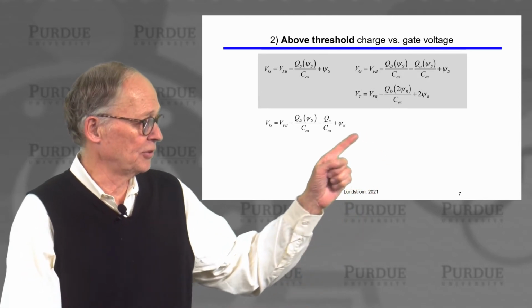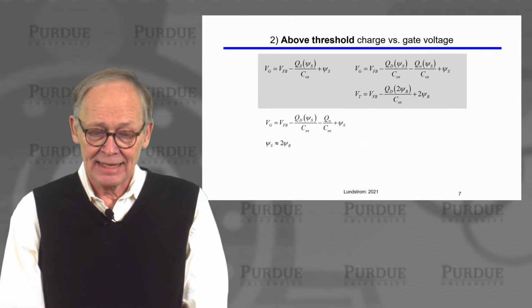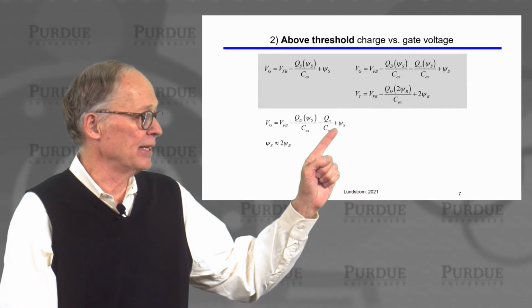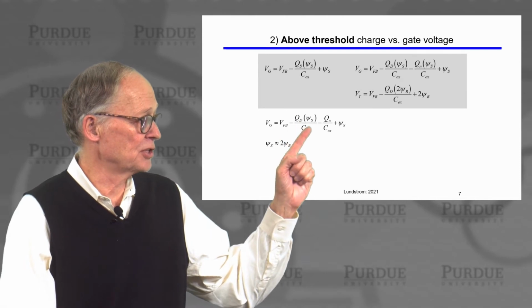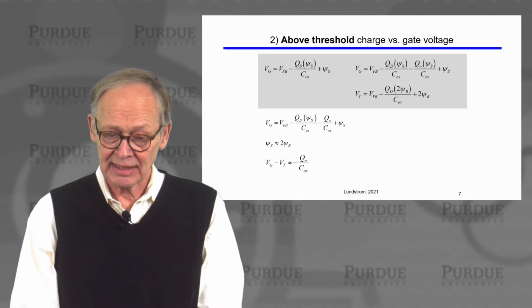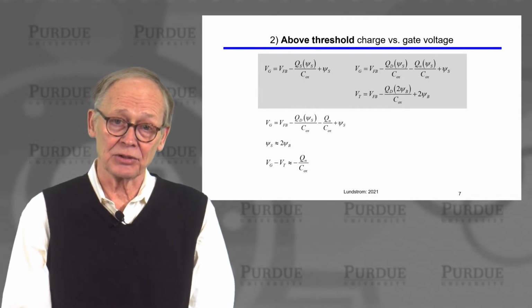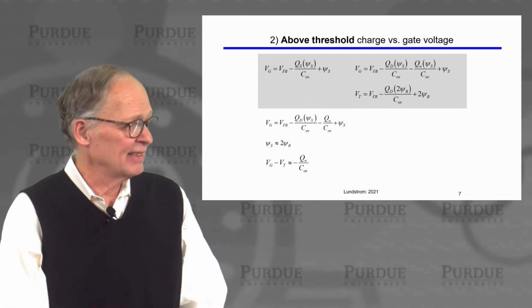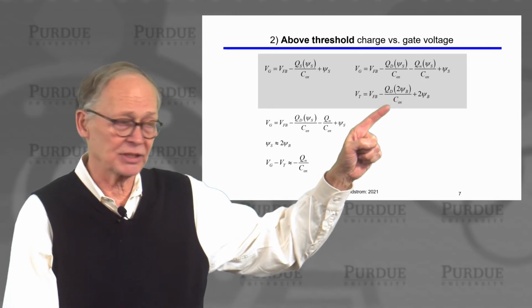So this is our gate voltage expression above threshold. If we put 2 psi b in there, then we have to evaluate the depletion charge at 2 psi b as well. If we subtract VT, you'll see that many of these terms subtract. And now the depletion charge at 2 psi b appears in the threshold voltage.